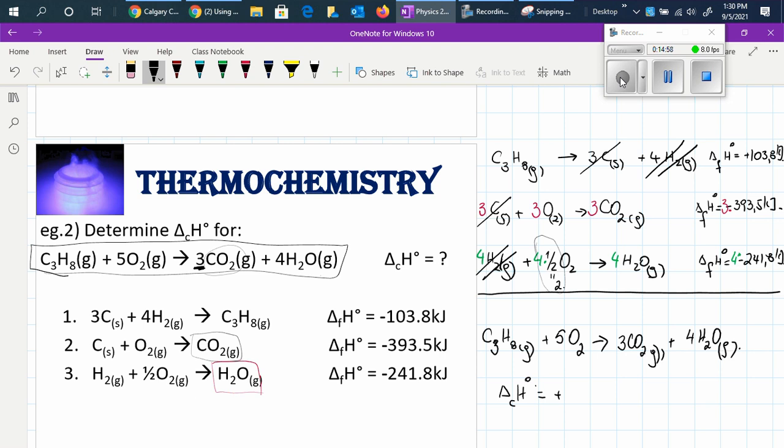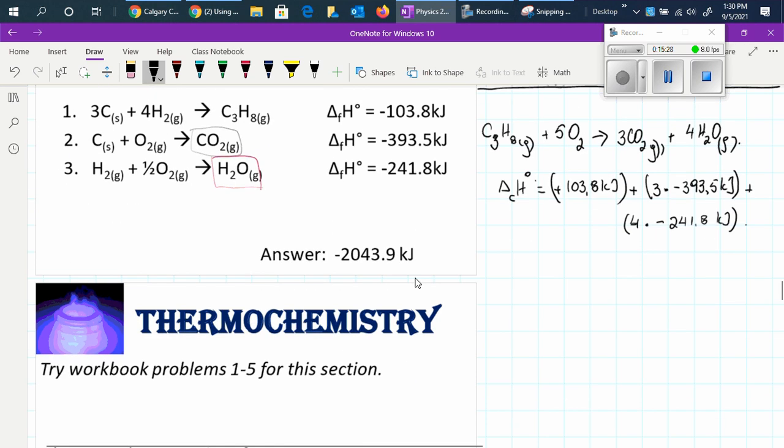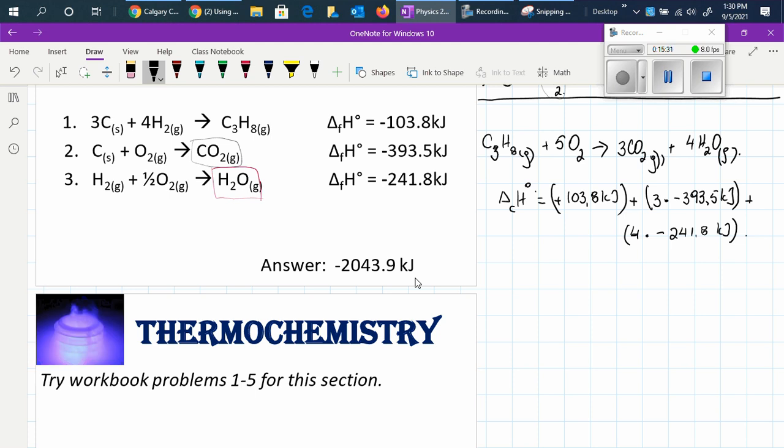So it will be exactly positive 103.8 kilojoules plus 3 times negative 393.5 kilojoules plus 4 times negative 241.8 kilojoules. And if you do the math, you should have negative 2043.9 kilojoules.